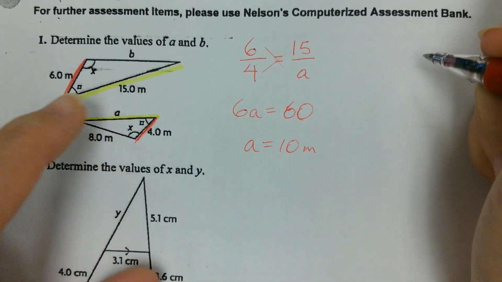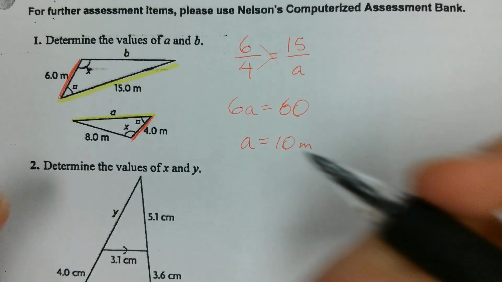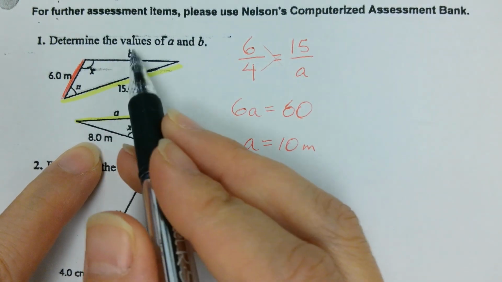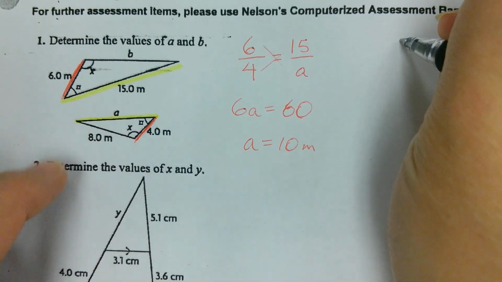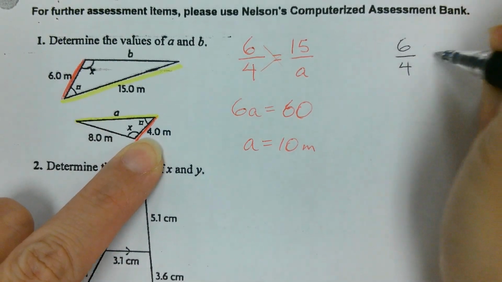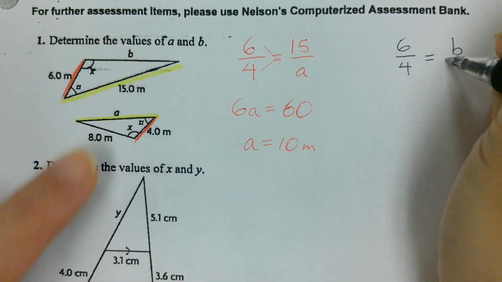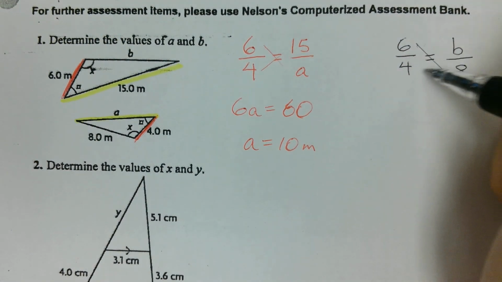Okay. Similarly, for B, I would do the same thing. That means for B, I'm comparing it with the 8. And so my second set, I do the same thing. I compare the 6 with the 4, and then the B with the 8. Okay, cross multiply.